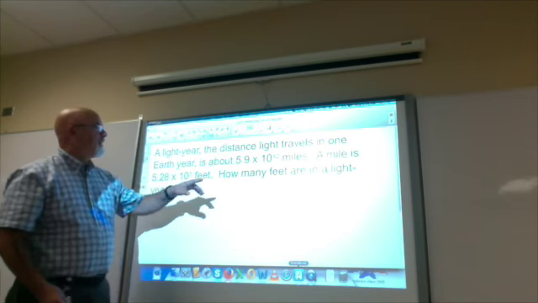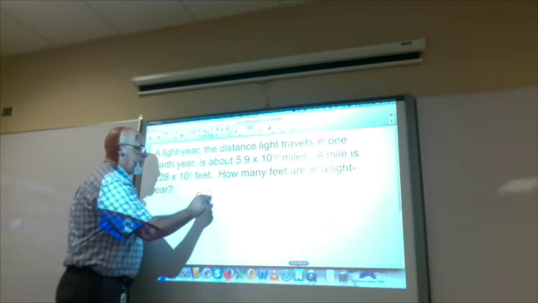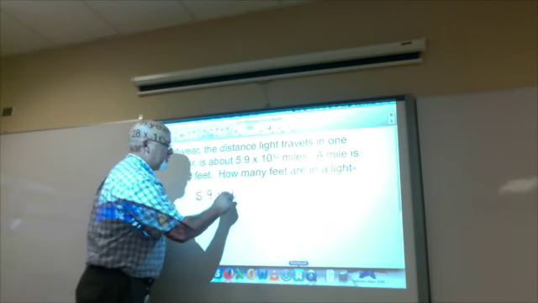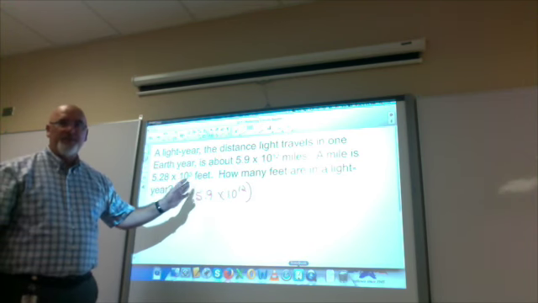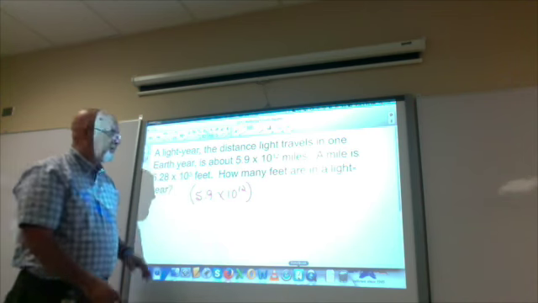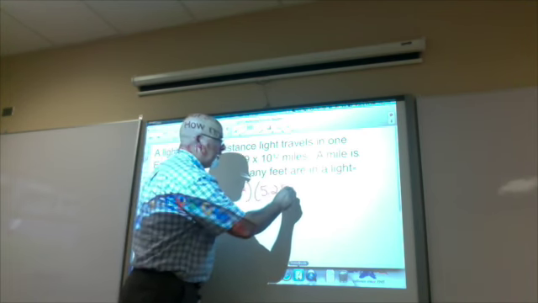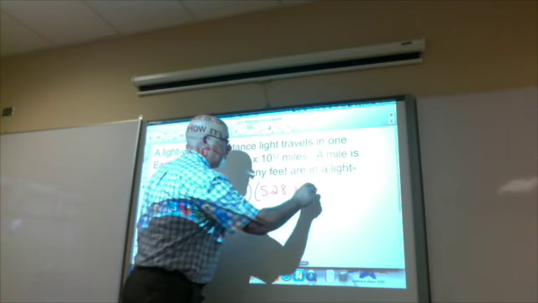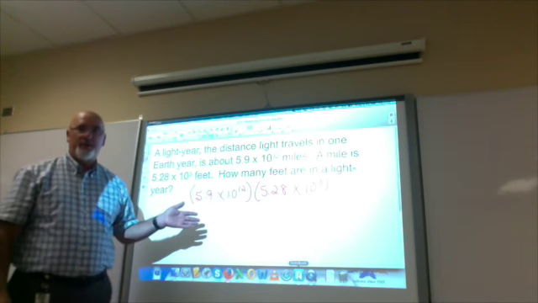We're going to take how many miles there are, 5.9 times 10 to the 12th miles, and we're going to multiply it by how many feet there are in a mile. There are 5.28 times 10 to the 3rd feet in a mile.